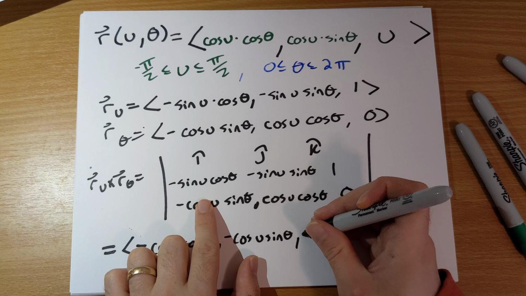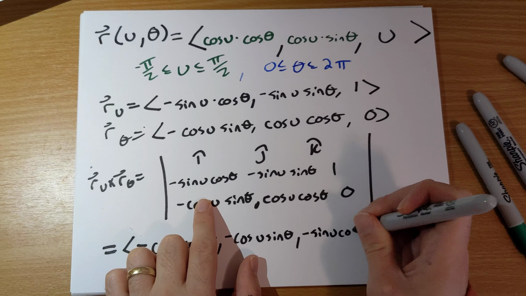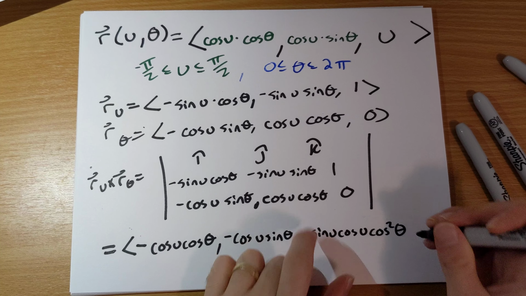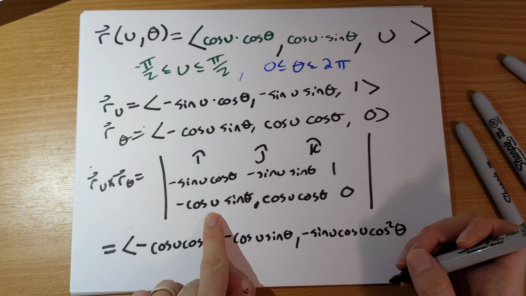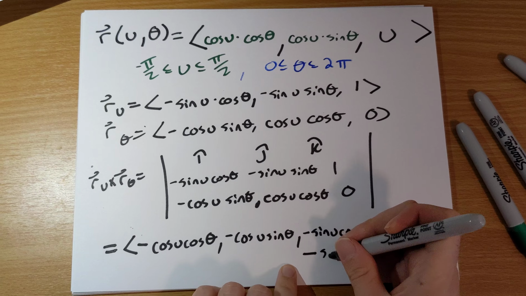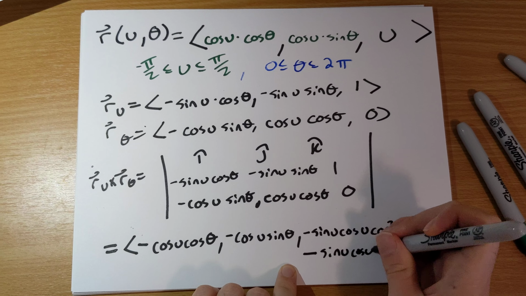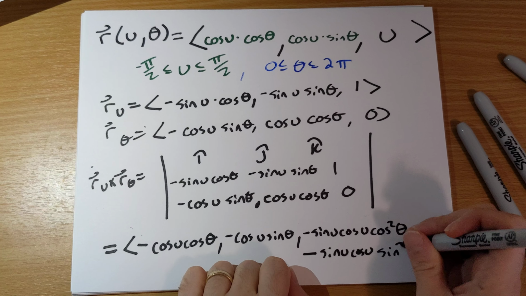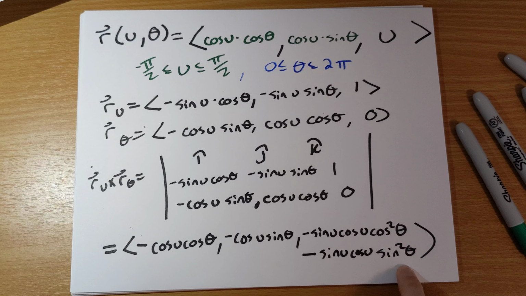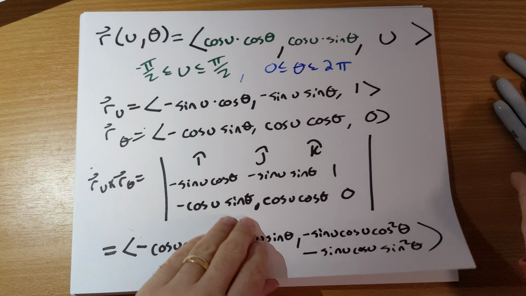That would be negative sine u cosine u times cosine squared theta, minus this times this. So that would be minus sine u cosine u times sine squared theta. The cosine squared theta and sine squared theta become 1 here, so 1 times negative sine u times cosine u.